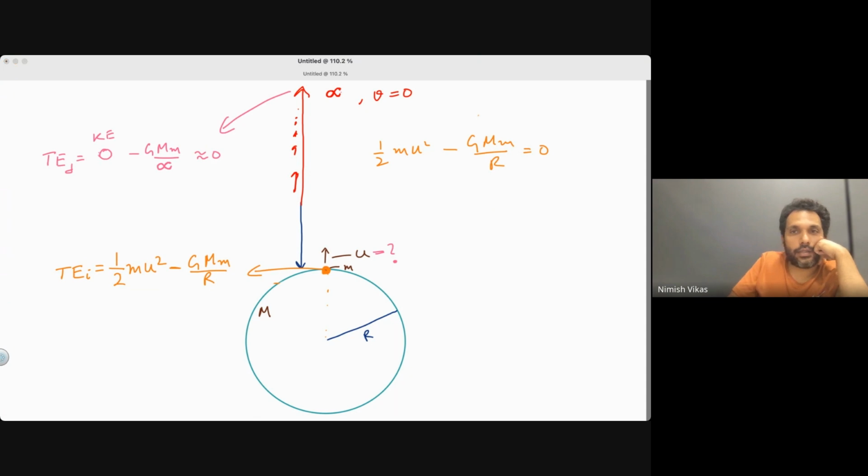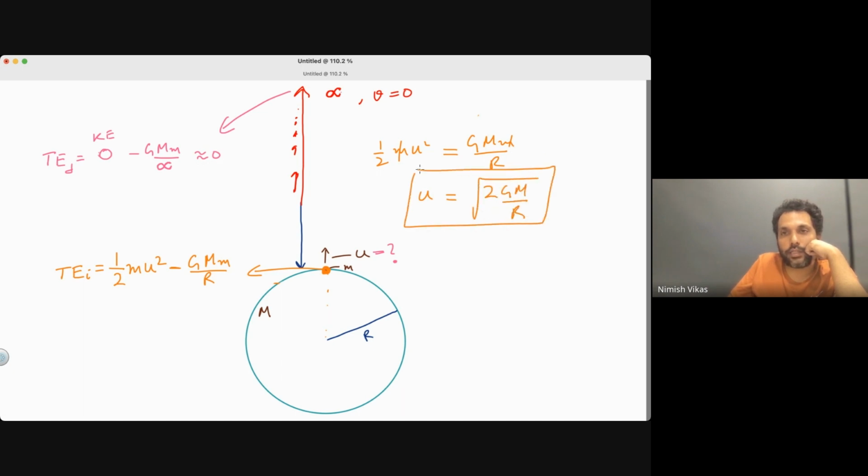If I take it on the other side, half m u square is equal to GMm by r. m gets cancelled, 2 goes on top. Your u is equal to under root 2GM by r. So this velocity is called your escape velocity. Is that clear?